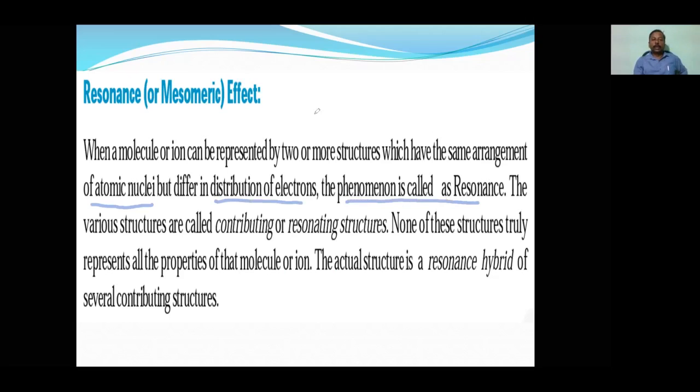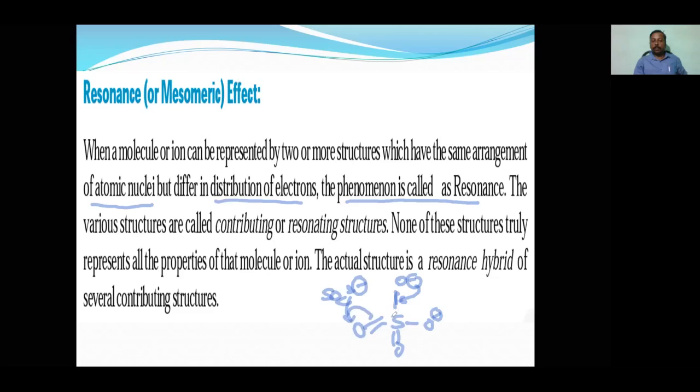Understood? So if I take an example, let me take SO4 2 negative. In SO4 2 negative, this can be written as oxygen negative, oxygen negative, double bond, and double bond. So this pi bond may become a lone pair and a lone pair may become a pi bond.